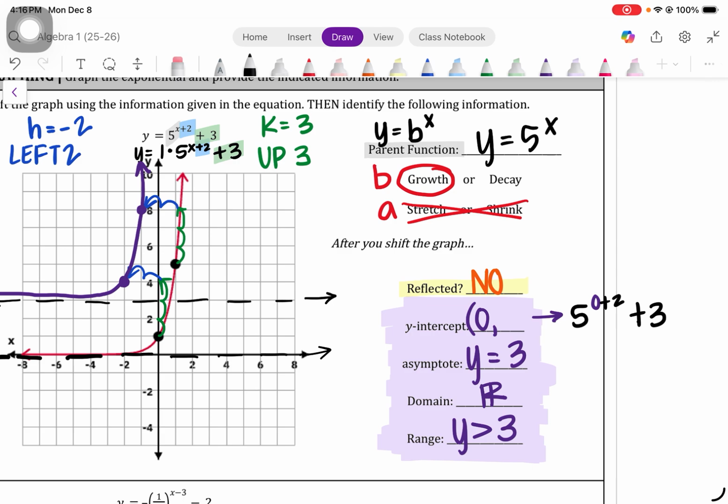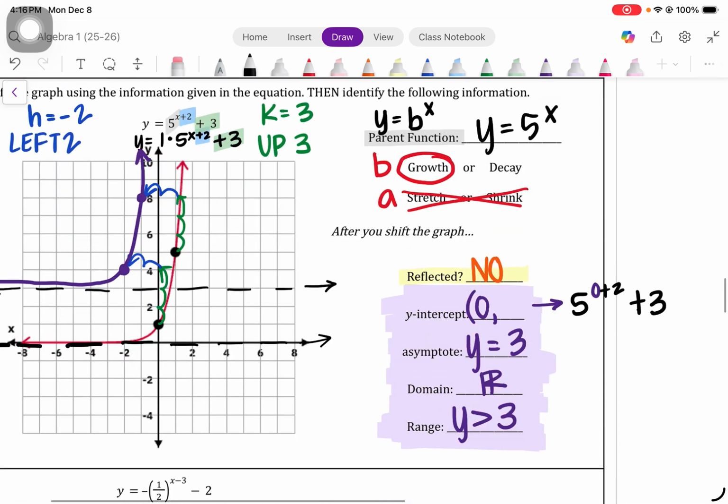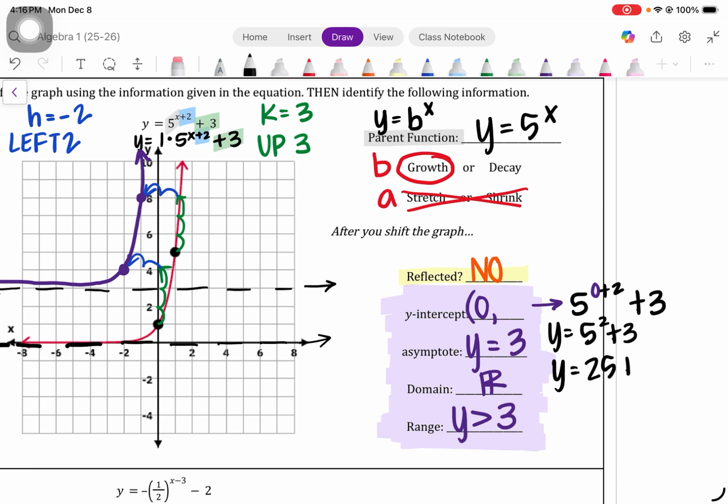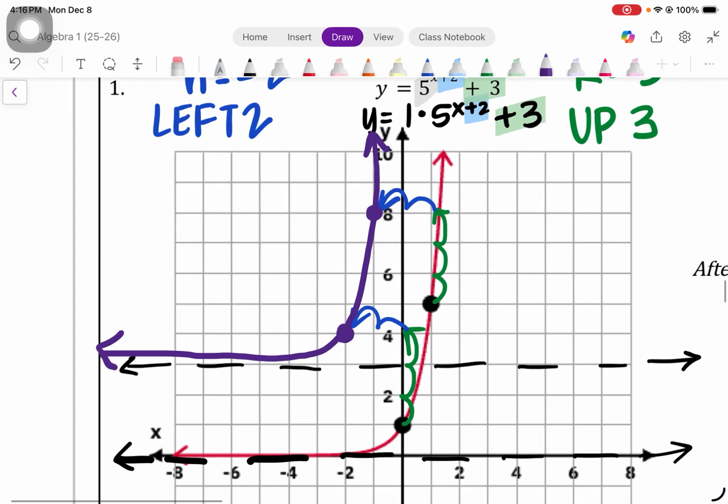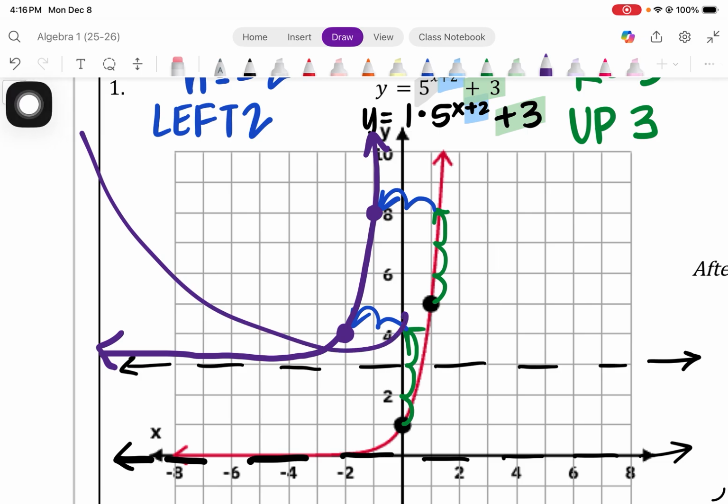Okay, so we're taking our equation, y equals, and we are solving. So 5 to the 0 plus 2 is now 5 squared plus 3. Y equals 25 plus 3. So my y-intercept would be all the way at 0, 28, which makes sense because my y values are getting bigger and bigger as we go.